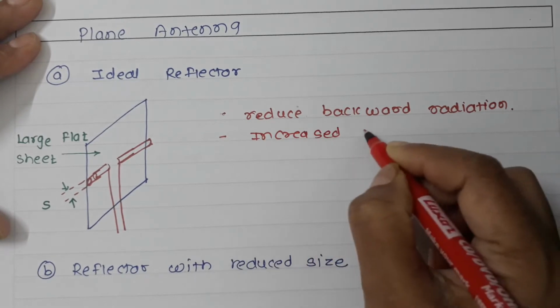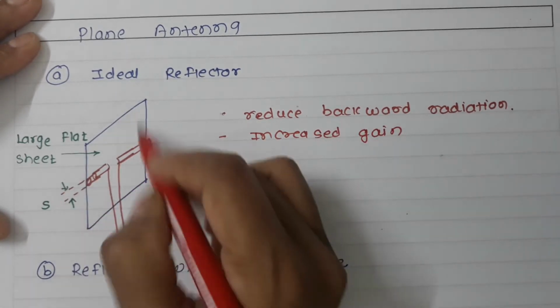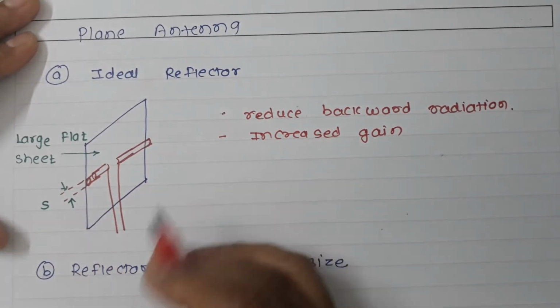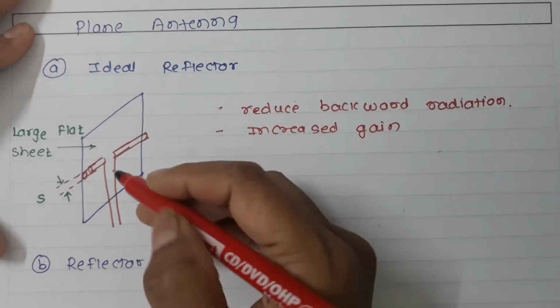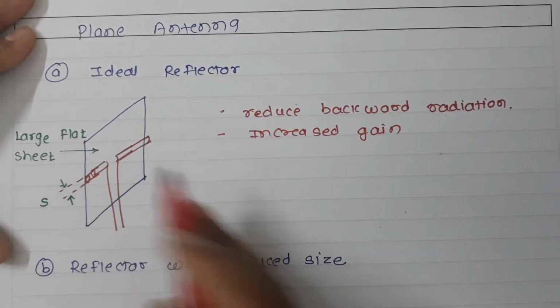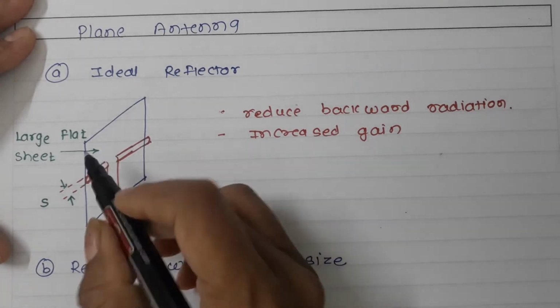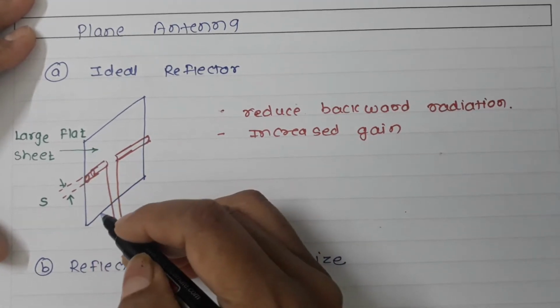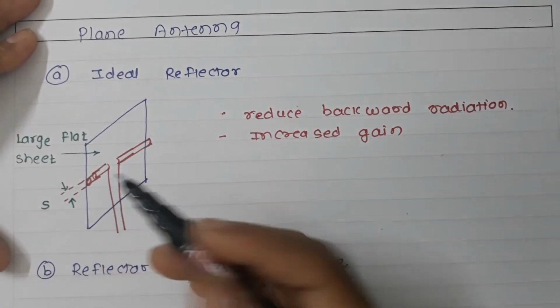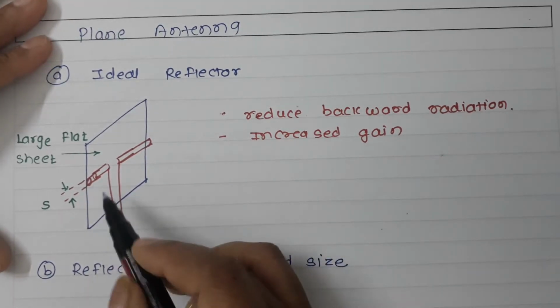Whenever you put such a flat sheet behind your dipole antenna, the radiations will be blocked, reflections will be added in the forward radiation, and you can achieve increased gain. Here the reflector is nothing but the plane ideal reflector. This is a large flat sheet reflector near a dipole antenna to reduce the backward radiation.